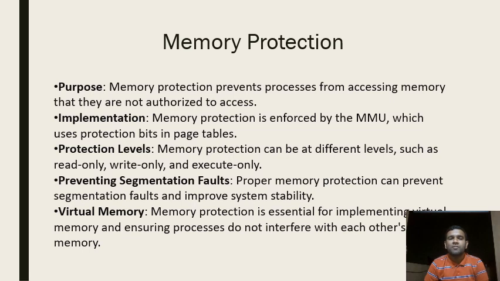Protection levels: memory protection can be at different levels such as read only, write only, and execute only. Preventing segmentation faults: proper memory protection can prevent segmentation faults and improve system stability. Virtual memory: memory protection is essential for implementing virtual memory and ensuring processes do not interfere with each other's memory. This was about memory protection.